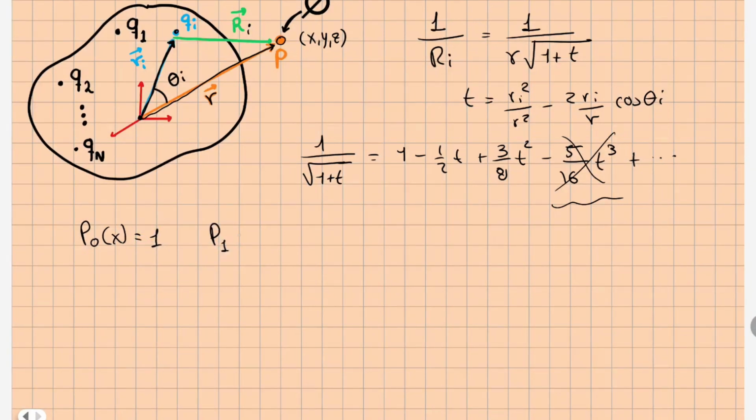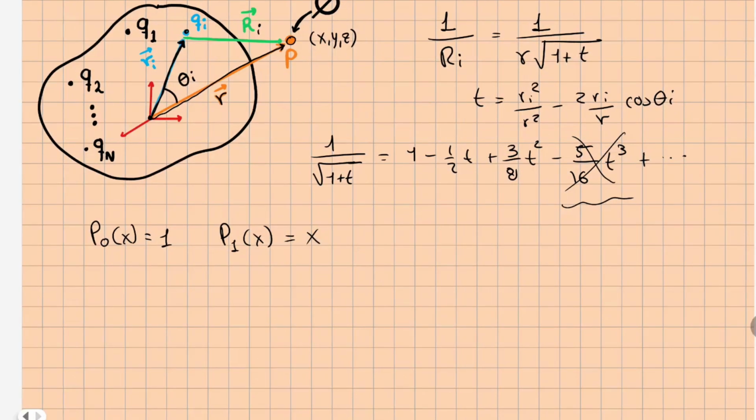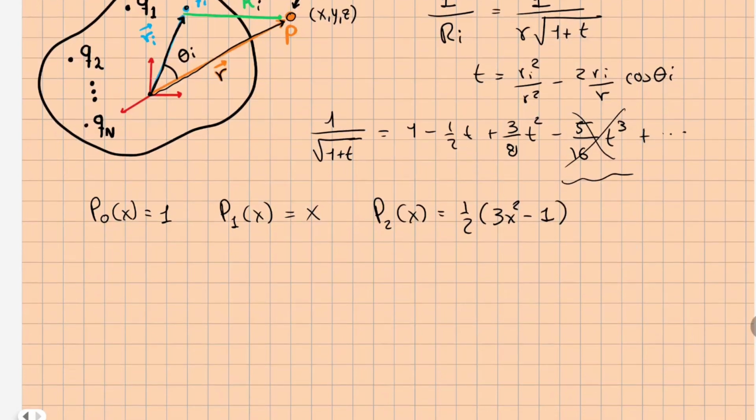Then the Legendre polynomial for n equals 1 is equal to x. The Legendre polynomial P2 of x is going to be equal to 1/2 times 3x squared minus 1. And the next one, P3 of x, is going to be 1/2 times 5x to the third power minus 3x.